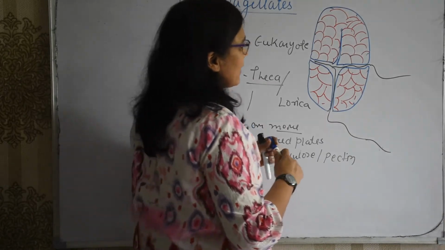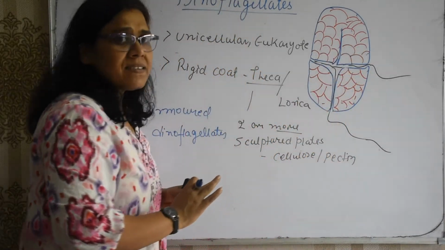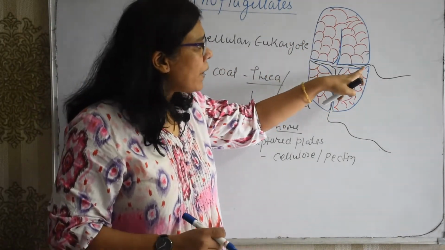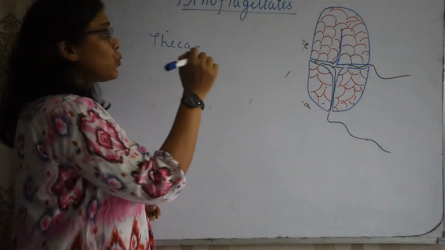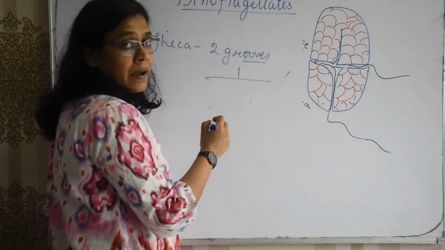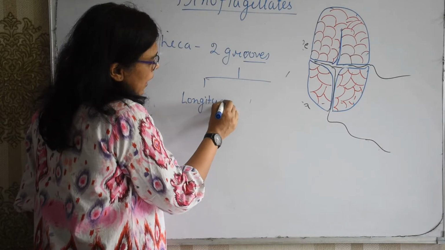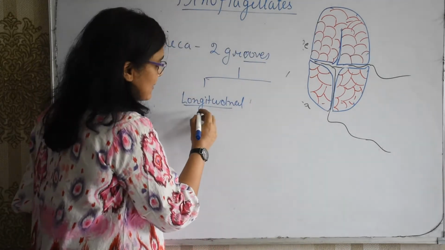Here the theca, also known as lorica, has two grooves. You can see the two grooves are present here, either longitudinal or transverse. So the theca has two grooves, and the longitudinal groove is known as sulcus.